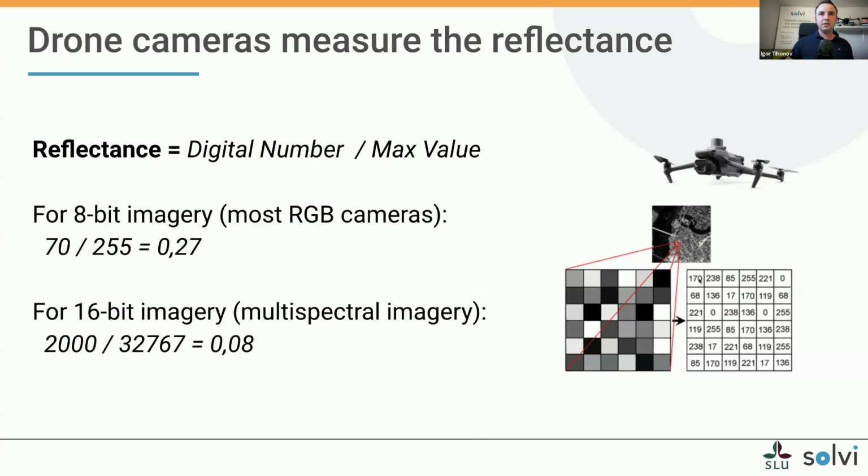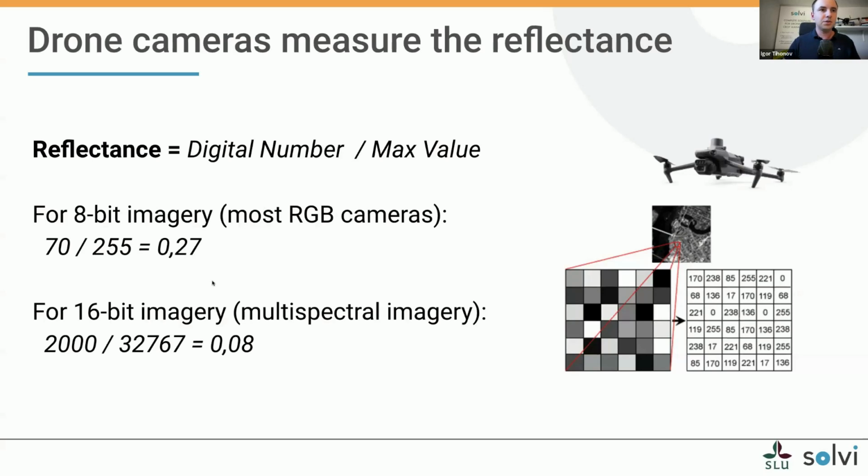You can translate that digital number by dividing it by the maximum value of the range that the imagery is in. RGB cameras usually use an 8-bit format, so the max value is 255. If you want to calculate reflectance, you just divide the pixel number by the max value and you get 0.27, so 27% reflectance.